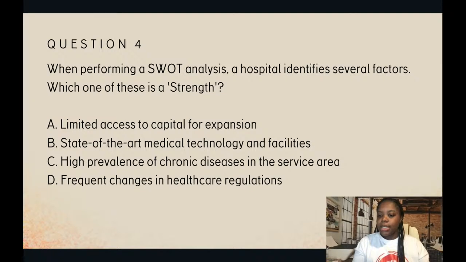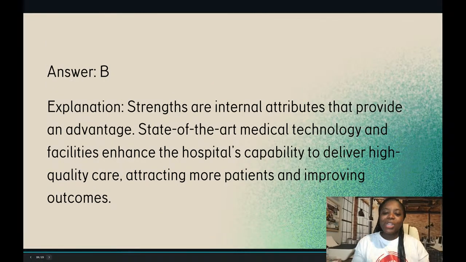Any guesses? Everyone said B, and let's check that answer out. The answer is B. So internal, right? State-of-the-art medical technology and facilities enhancing capabilities, that's obviously going to be a good thing, right?